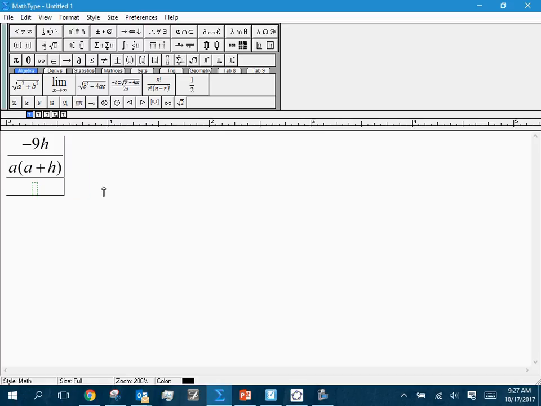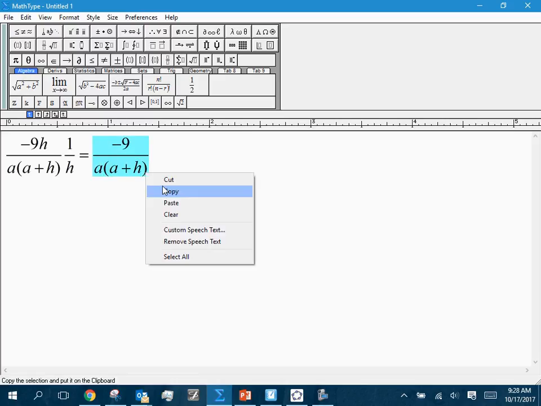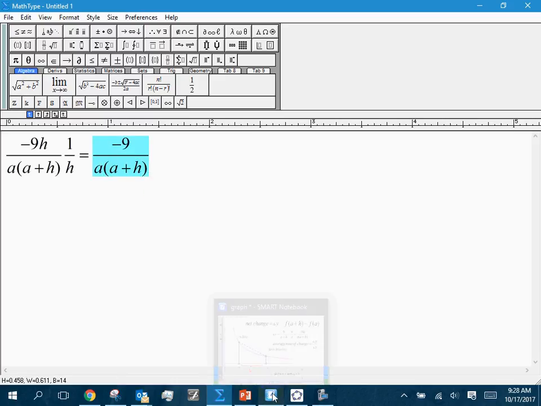Okay, so now I'm going to multiply by 1 over h. And what is going to happen with that h right there and that h right there? They're going to cancel out. And that's going to give me a formula for average rate of change that says negative 9 over a times a plus h. And that's what they're looking for, your average rate of change in that question.